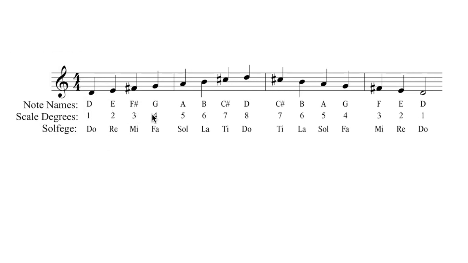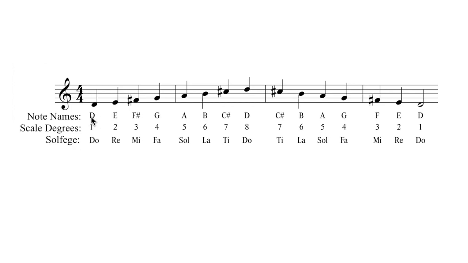So we follow D, E, F sharp, G, A, B, C sharp, D. It's always based on what the home note of the scale is. If we're in the key of D, 1 is now on D, and 8 is on D, or of course we can call it 1 because it is the same note, just up one octave.